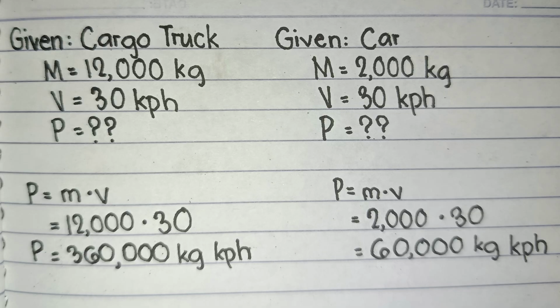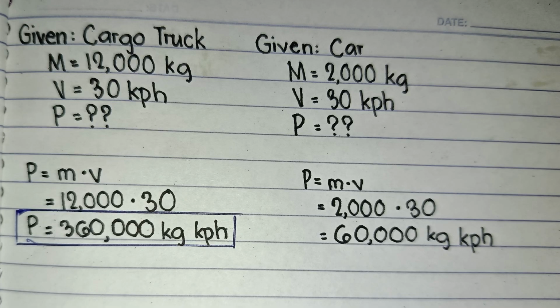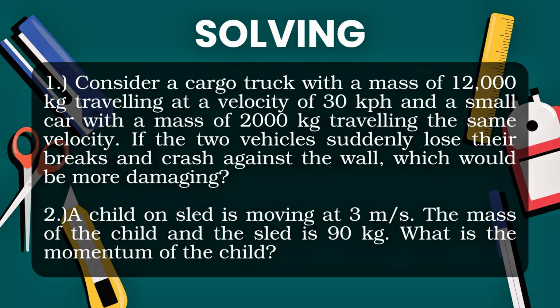For the car, P is equal to M times V. Evaluate, and you should have 2,000 kilograms times 30 kilometers per hour is equal to 60,000 kilograms times kilometers per hour. To answer the question, if the two vehicles suddenly lose their brakes and crash against the wall, which would be more damaging? The answer should be the cargo truck, because the more massive an object is, the greater the momentum. Let's have another problem.